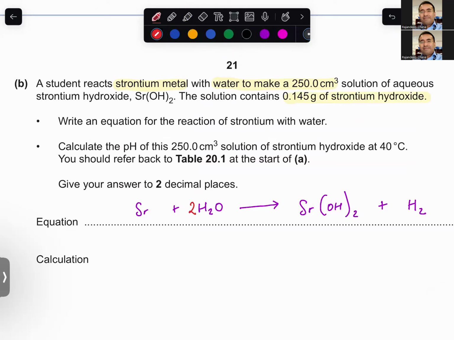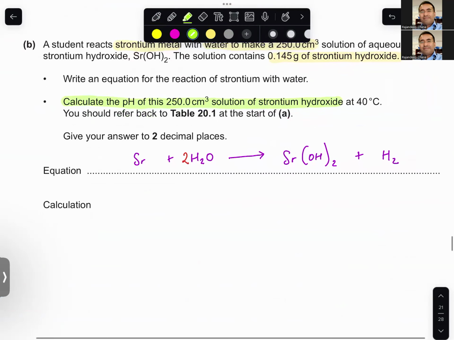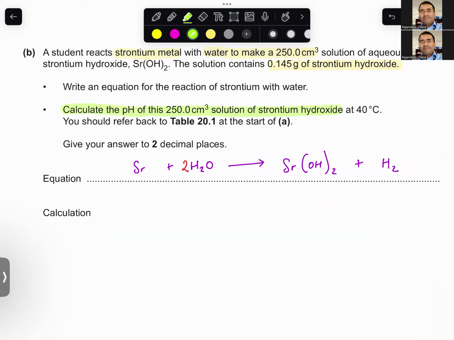It's then asking us, calculate the pH of this solution of strontium hydroxide at 40 degrees Celsius. So we're going to be using a different Kw value, which is this one over here, 2.92. And we've got our strontium hydroxide mass. So what we do, we work out moles of strontium hydroxide.